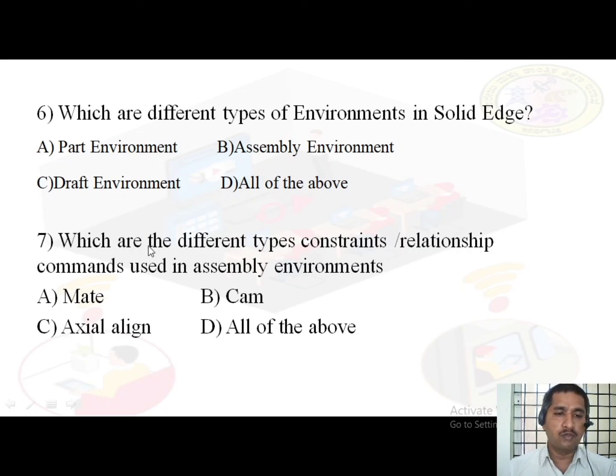Seventh question: which are the different types of constraints or relationship commands used in the assembly environment? Mate relationship, cam, axial align. Yes, these three are used for assembling the parts. So the answer is D, all of the above. Move on to the next slide.